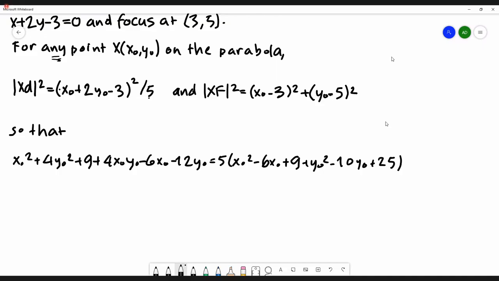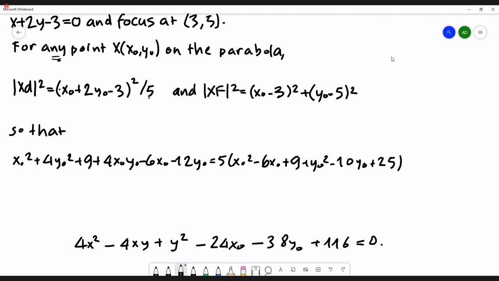Hence we can take, instead of x0, y0, the generic case, namely 4x squared minus 4xy plus y squared minus 24x minus 38y plus 116 equals 0.